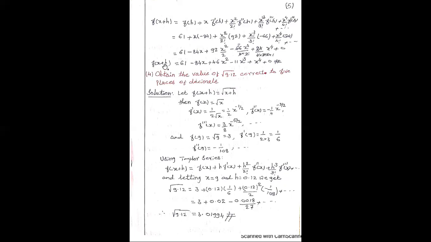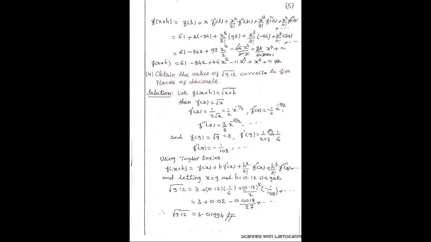So therefore the given expression f of x plus h is equal to 61 minus 84x plus 46x square. This is 92 upon 2 is equal to 46x square minus 11x cube plus x to the power 4. Again, this becomes the ascending powers of x.